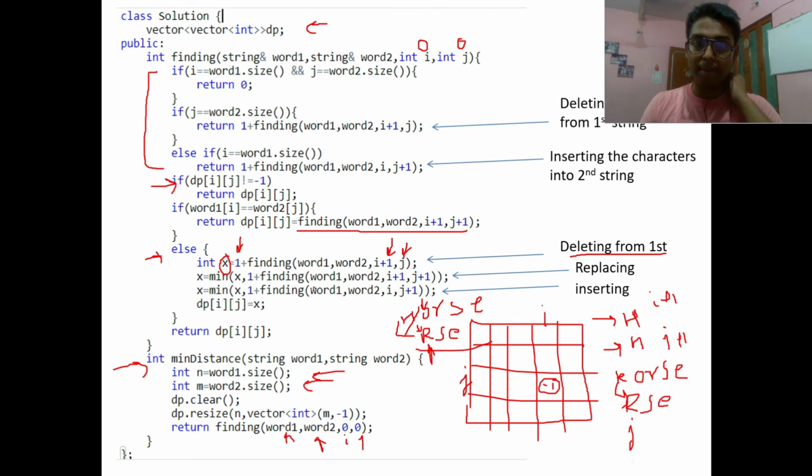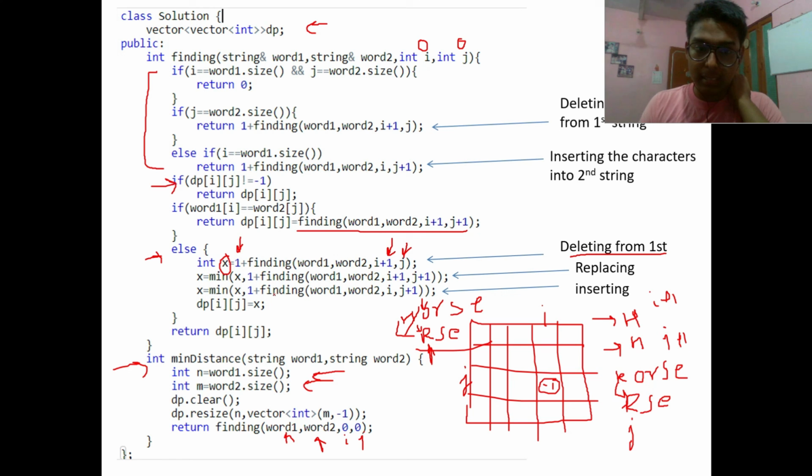So replacing gives us one operation, and we will be matching both characters, and we'll move forward again. We'll increment index i, and we'll increment index j.